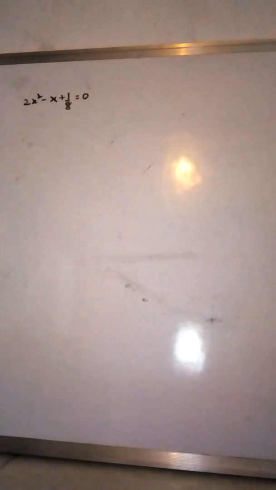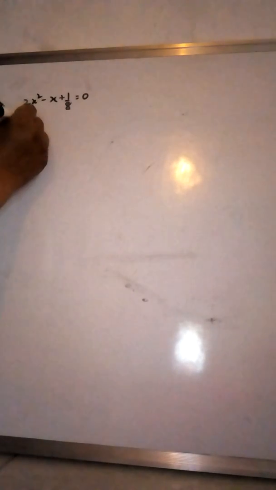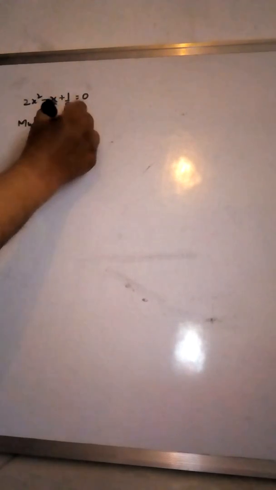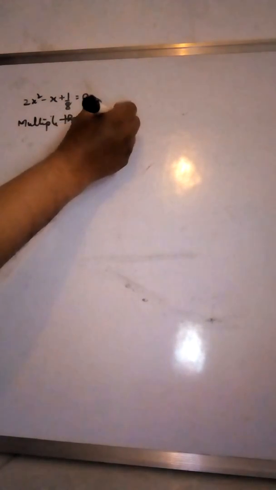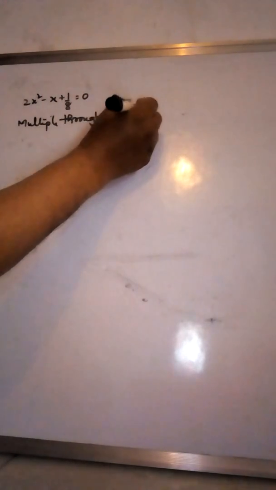Now in this problem, I'll try to eliminate the denominator, then the given quadratic equation will be in the form of ax square plus bx plus c, where we can easily find the roots. So for eliminating the denominator, I have to multiply by 8.